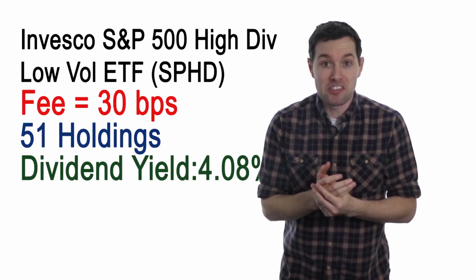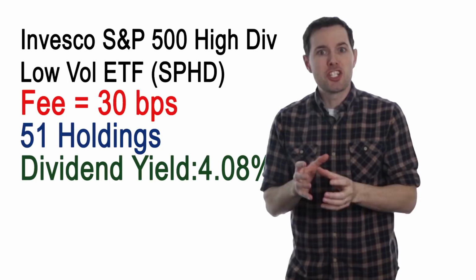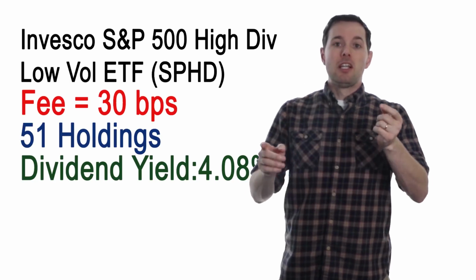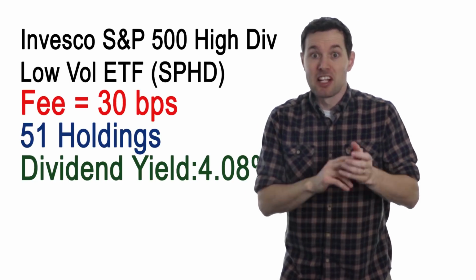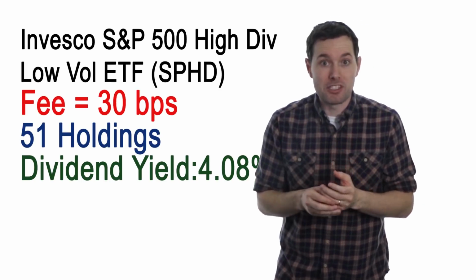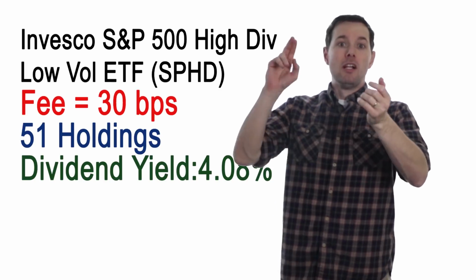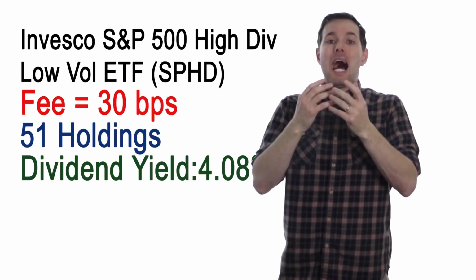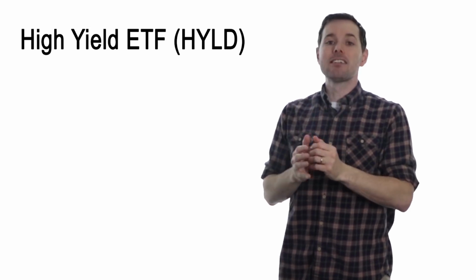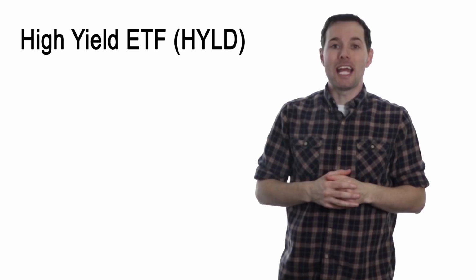But what I like about this ETF is that they have a lot of traditionally defensive industries like utilities and basic materials, and less of the more volatile industries like consumer cyclical and technology. So I like this as our first holding, and it will act as sort of a core holding on some of our more volatile holdings going forward. And just like we did in the other videos, we're going to save the weightings until the end of the video.